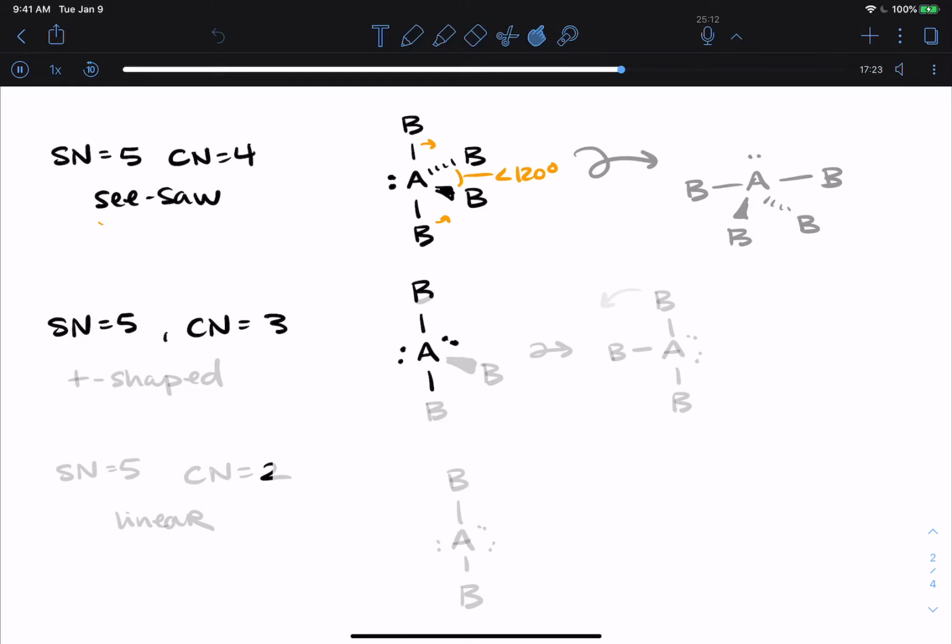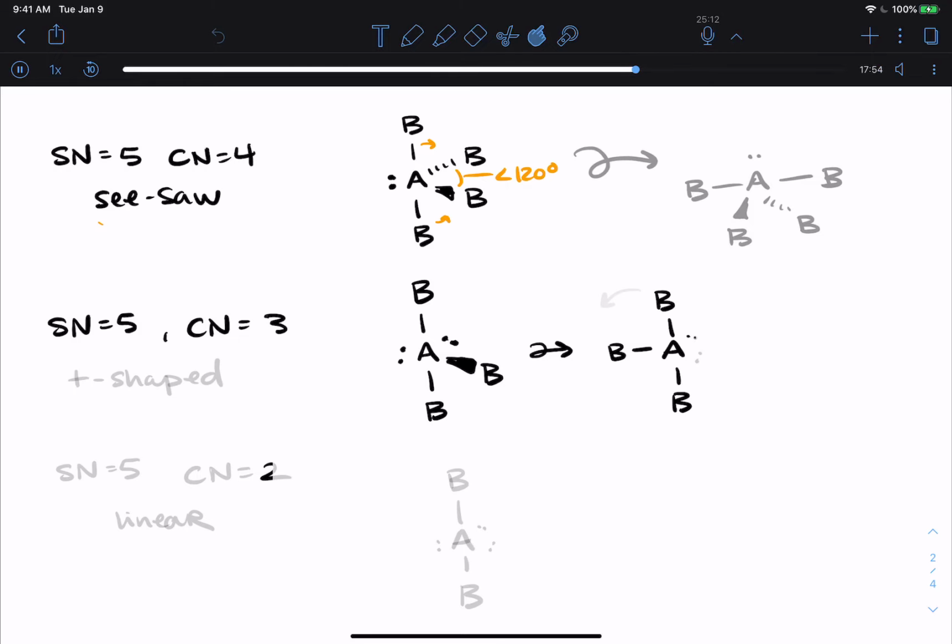So I'm left with my 2 axial positions, and then with how I've started drawing it, I still have an atom in this equatorial position that's coming out of the paper. If I were to do a little rotation here, so this is my please rotate arrow, I could rotate it so that that equatorial B atom is the one that's in the plane of the paper. And so what I'm left with is this.